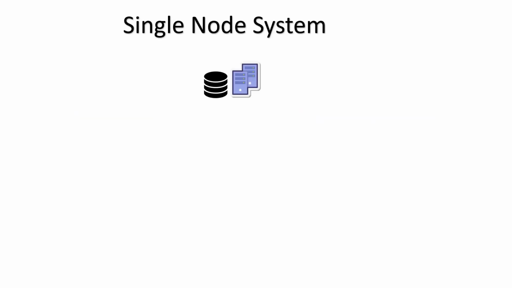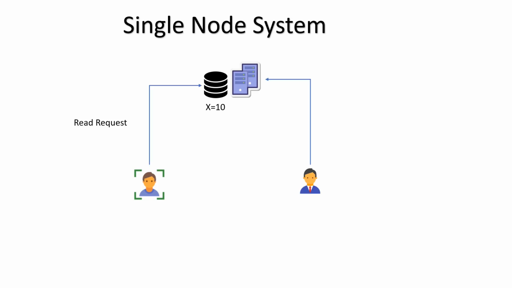Here we have a single application and database on the same node, and it is storing some value of variable x. Clients, individuals or applications, can send their read requests to the system. Whenever a client sends a read request, they get the value back as 10.